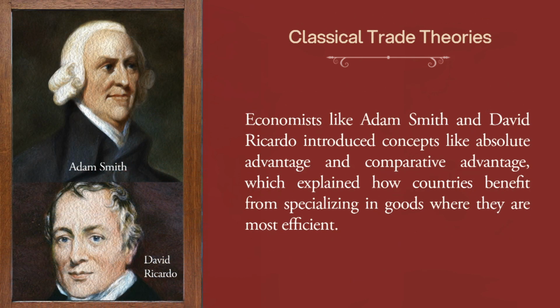Now, if you look at the classical trade theories, economists like Adam Smith, who is credited with developing the theory of absolute advantage, and David Ricardo introduced the concepts of absolute advantage and comparative advantage, which explain how countries benefit from specializing in goods where they are most efficient.